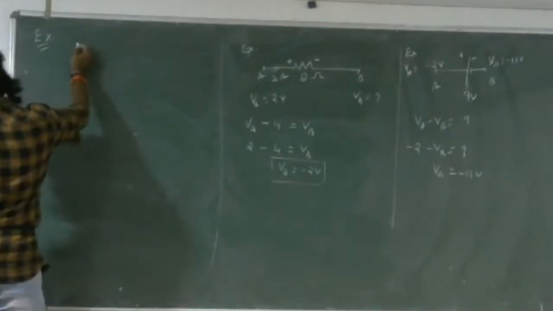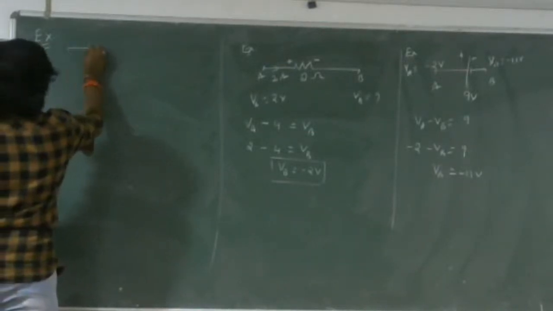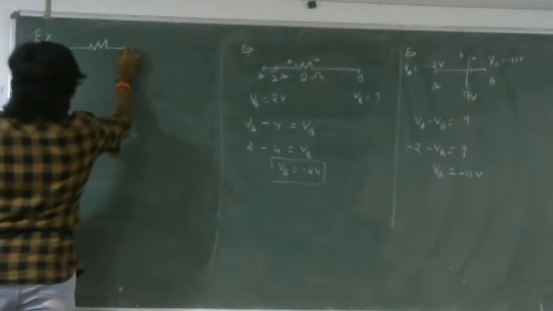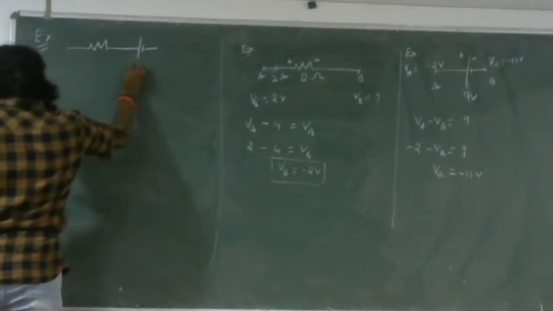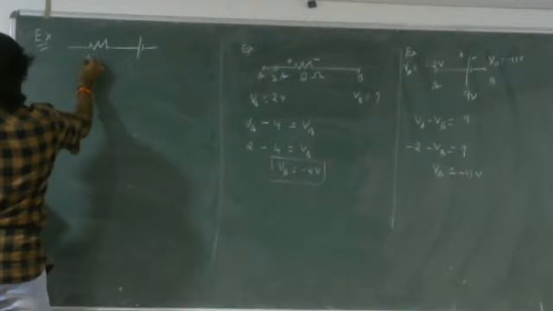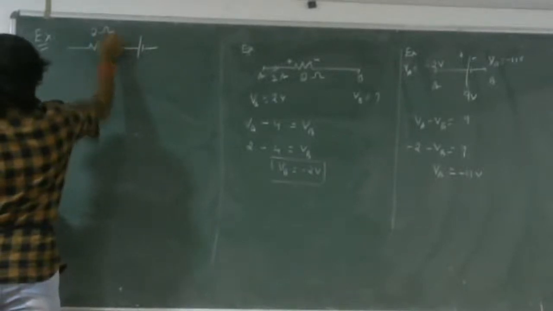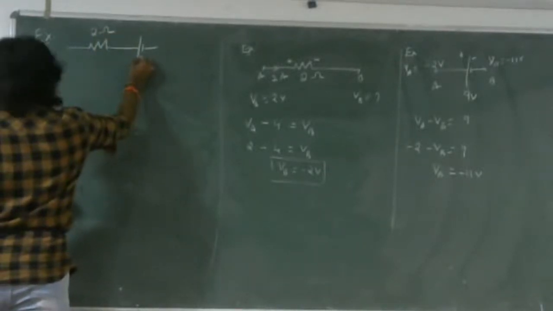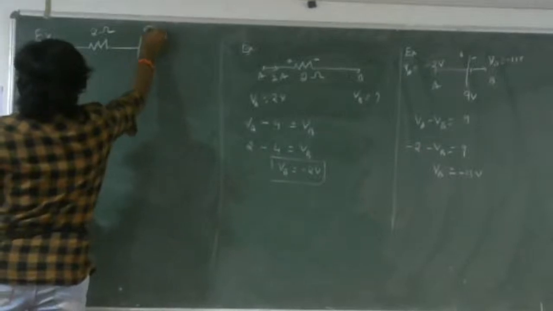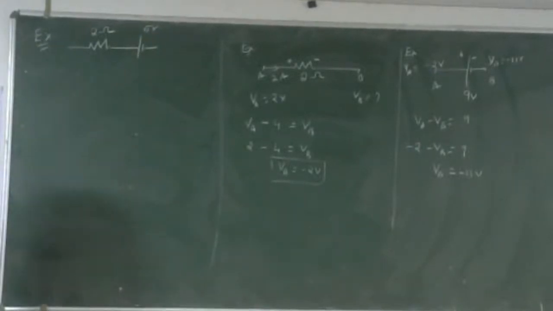Let us take another one. So if we have a resistor and a cell, where the resistor is having resistance of 2 ohm and this is having a potential difference of 5 volts.